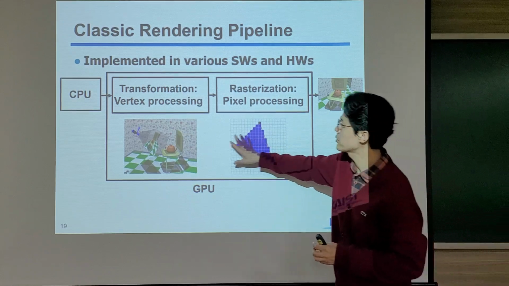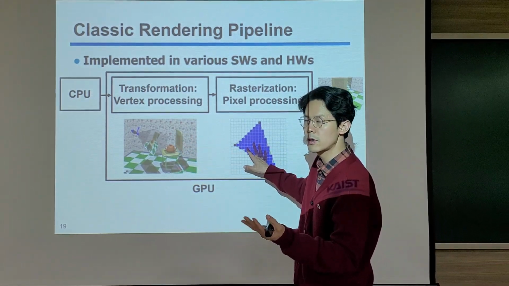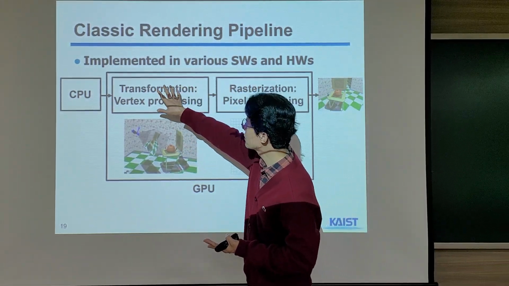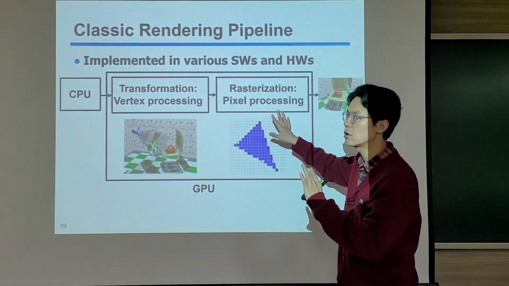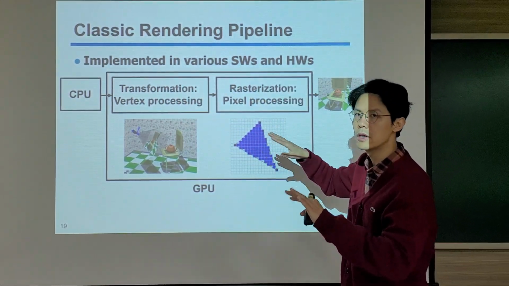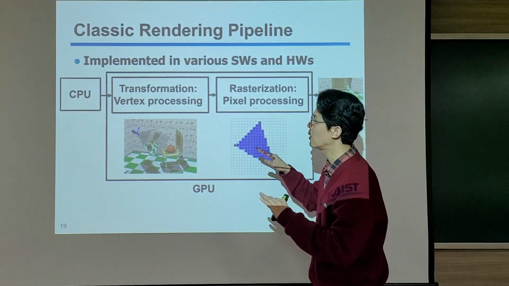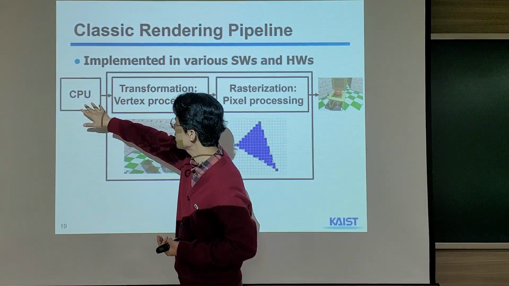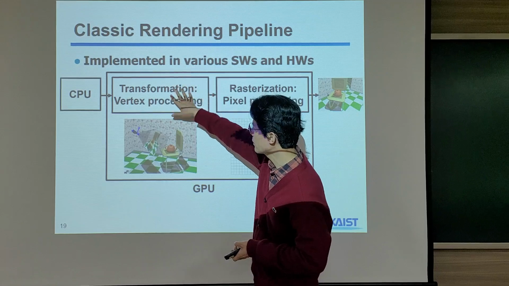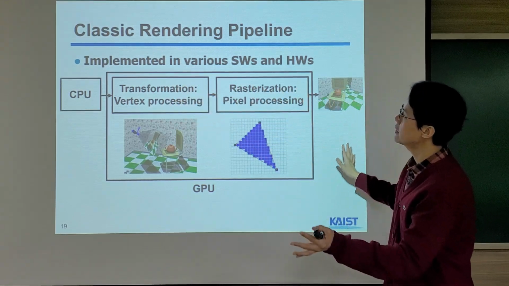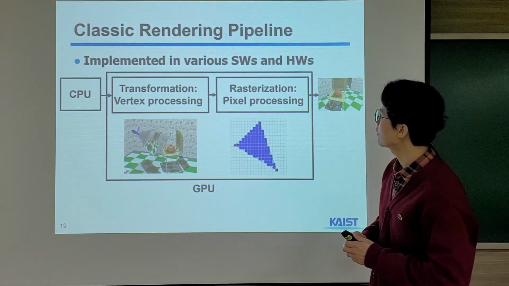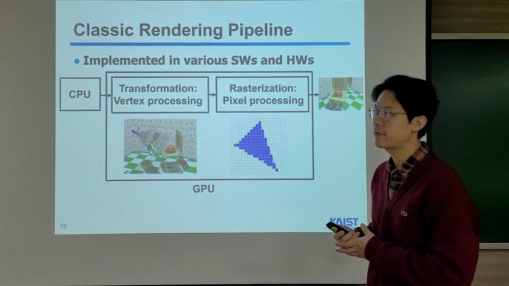So this is the intuitive structure for any kind of graphics application. This data structure, or the algorithmic side of how the data is transformed from the CPU to the GPU, through vertex processing and pixel processing, is implemented in various software and hardware of computer graphics.